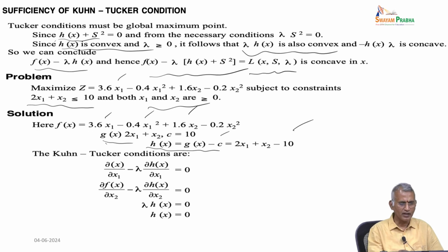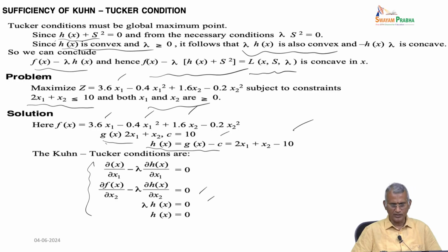So, according to the Kuhn-Tucker condition, dou f of x by dou x1 minus lambda into dou h of x by dou x1 equal to 0, and dou f of x by dou x2 minus lambda into dou h of x by dou x2 equal to 0. Therefore, lambda into h of x equal to 0.